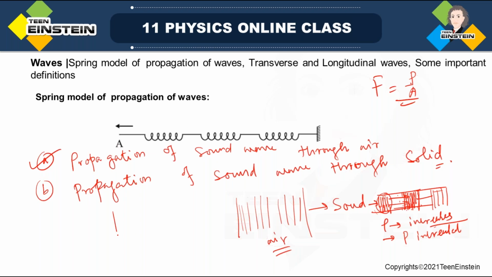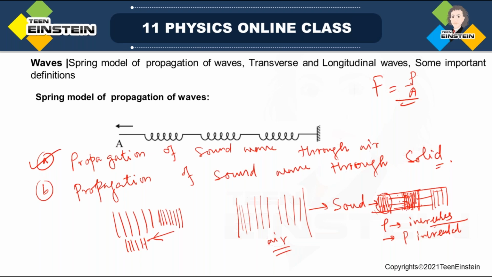Suppose some region is rarefied. Then compared to other regions, the gas molecules from the other region will try to go and make a crowd over here to make it denser again.